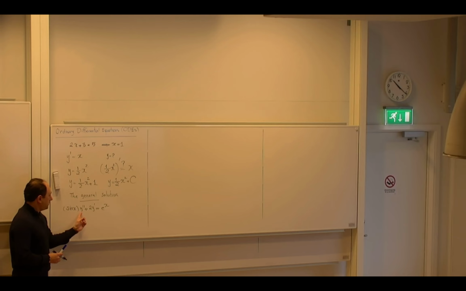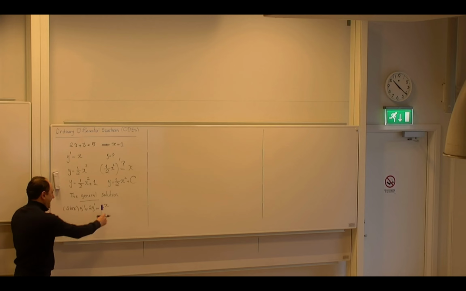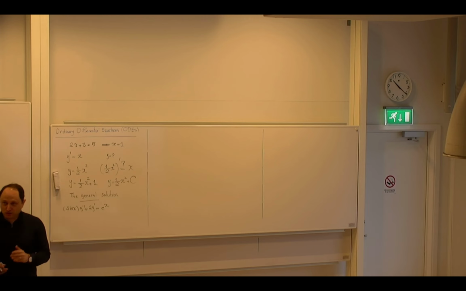I am looking for a function y so that, if possible, when I differentiate it once multiplied by 2, and when I differentiate it 2 times multiplied by sine, and add them up, it becomes e to the power x. I don't know if there is a solution for this or if we can find it. But this is the differential equation.